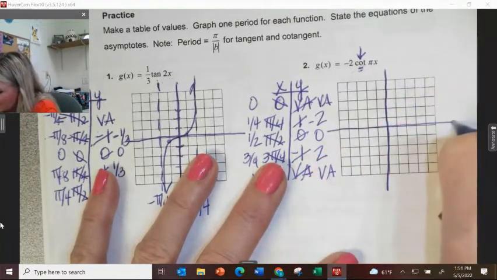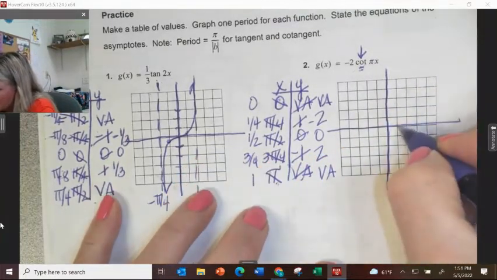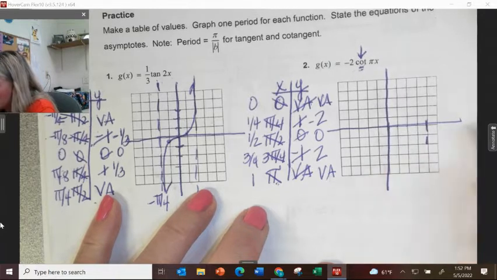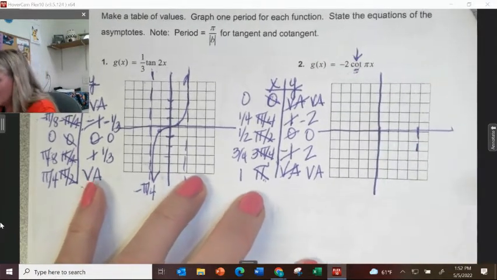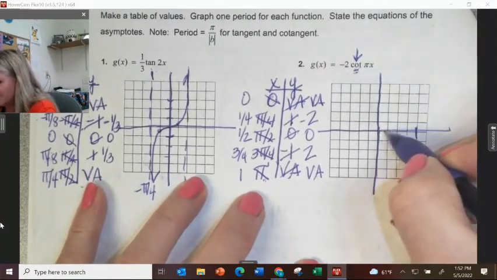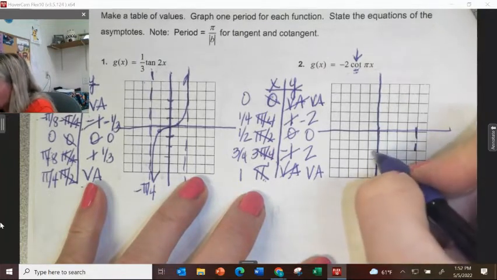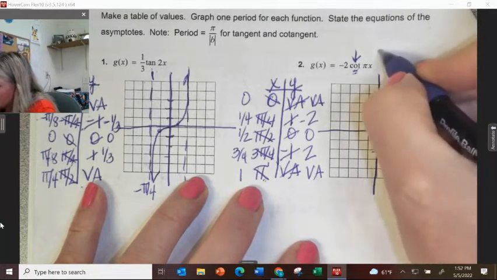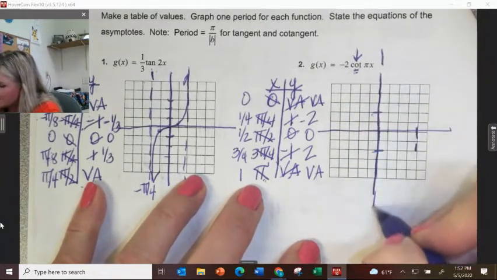All right, let's make an XY axis. This is still 0, but I'm going to make that 1/4, 1/2, 3/4. I'm going to make that my 1. Just makes it easier to graph. It's really hard to get all those in right there, you know what I mean? My y's, I'm just going to keep normal. That'll be fine. Okay, so at x equals 0, vertical asymptote.